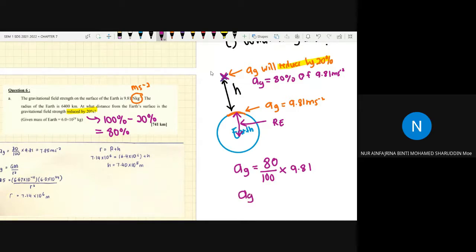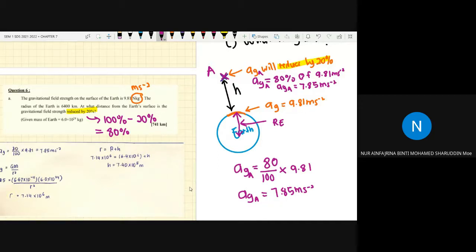For example, Miss kata ini point A. Awak akan dapat 7.85 meter per second squared. Sekarang AG awak dekat point A adalah 7.85. Jadi AG at point A is 7.85 meter per second squared.